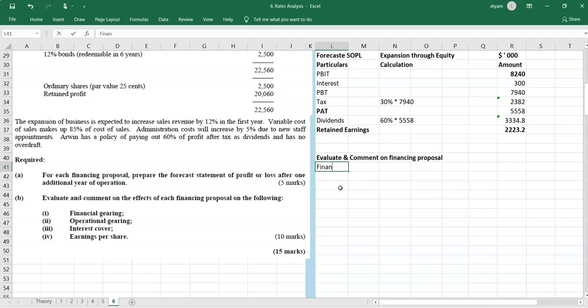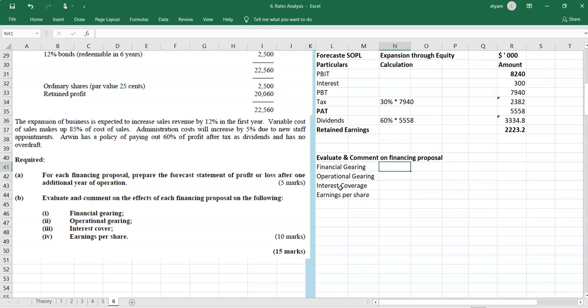We have financial gearing, operational gearing, okay, so we have these things.